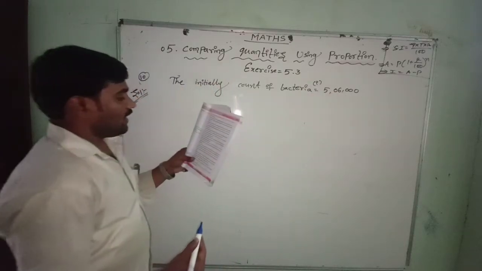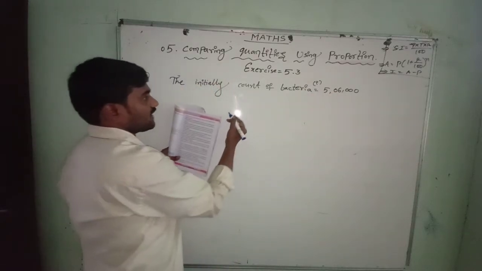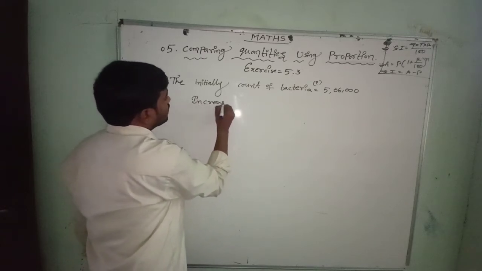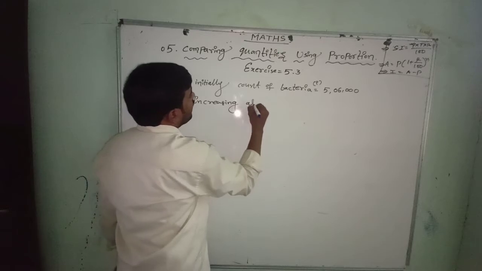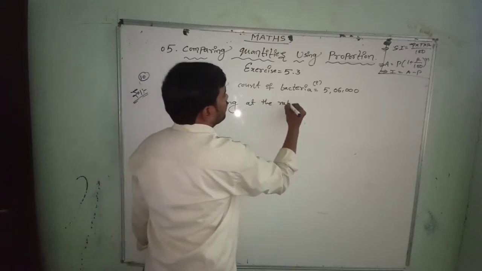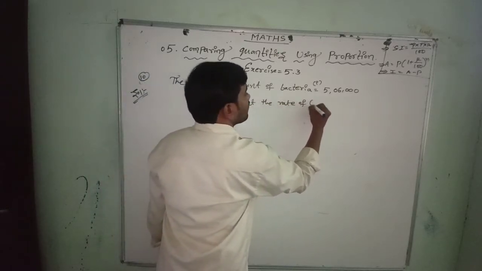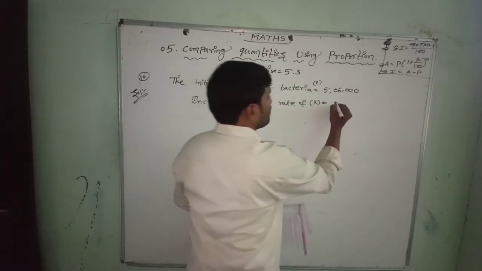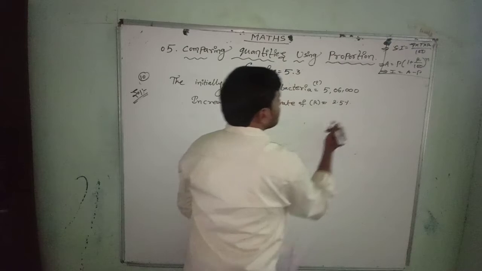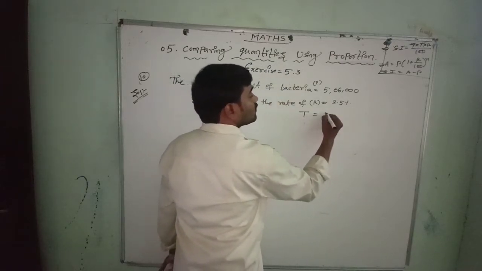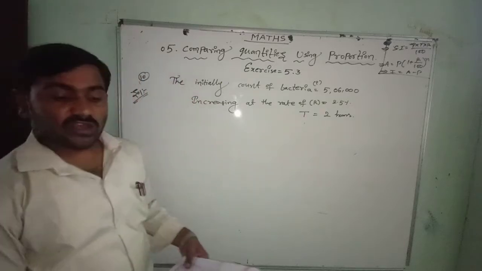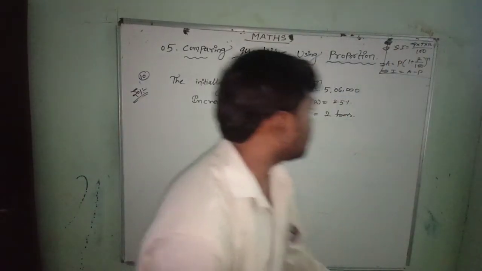Then it is increasing at the rate R equal to 2.5%. The time T equal to 2 hours. For every hour it is increasing at the rate of 2.5.